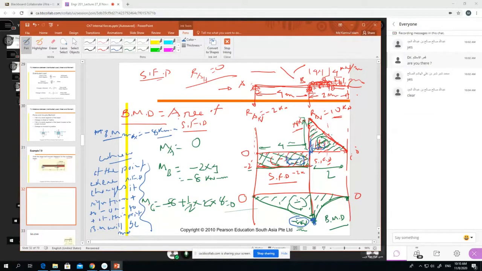Remember, this is very important. Here our shear force was minus, and at point B it becomes plus, so exactly at that point it becomes the maximum bending moment.